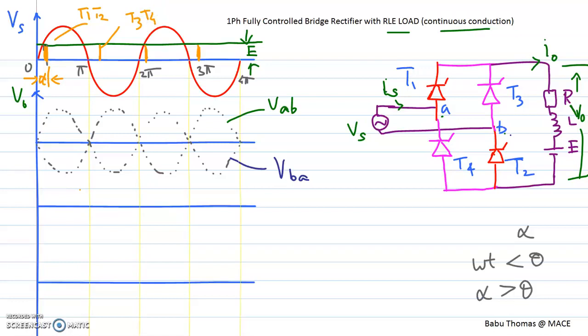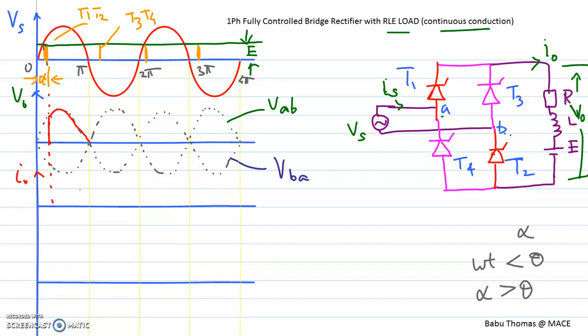Now at an angle alpha I am going to fire my thyristors T1 and T2. Therefore this output voltage will be the same as your input voltage, and therefore I can draw it like this. And since it is an inductive load, the current will be lagging, and therefore I am going to draw the current I0. So this is a continuous conduction mode, and therefore the current will not reach 0.